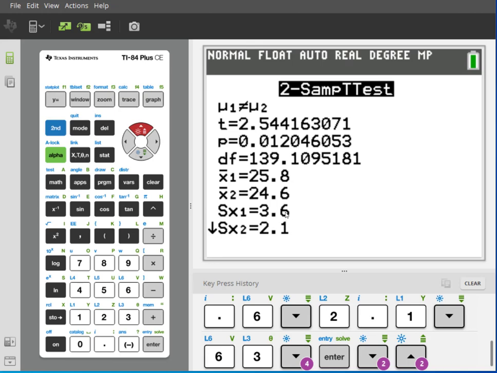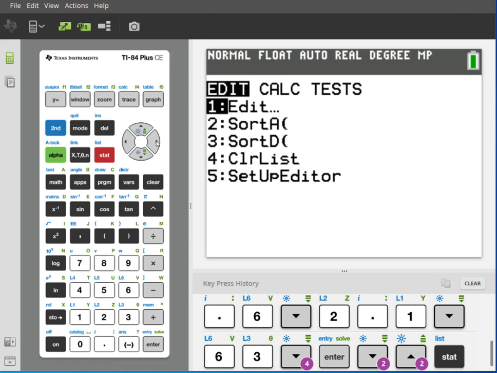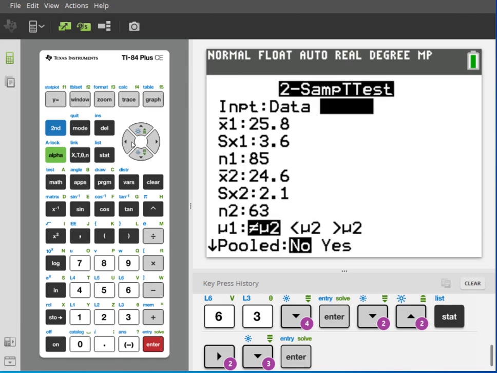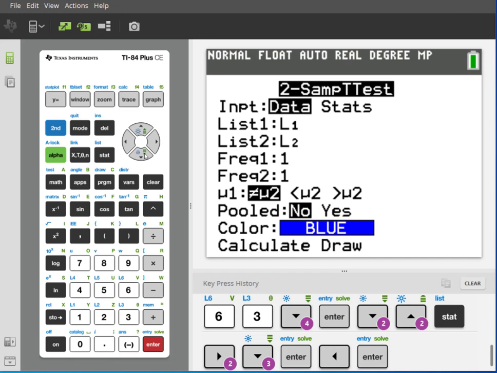And the reason it does that is because if you did your calculations from lists instead of statistics, you might be interested in knowing what those statistics were. Now, if you had an example which gave you lists to work with, the way that would work is you would switch the input to data, and all you have to do is tell the calculator where you've stored your data, which would most commonly be in L1 and L2.